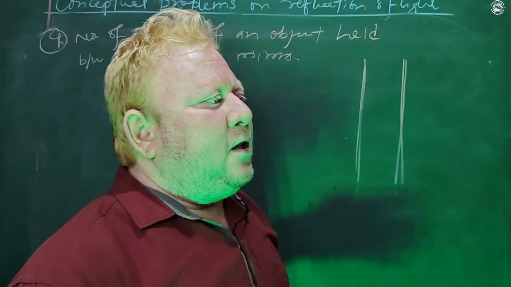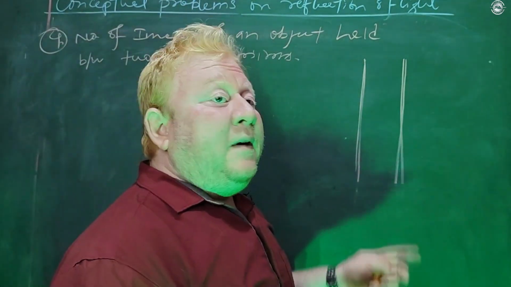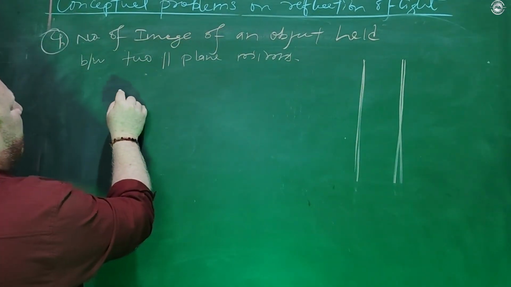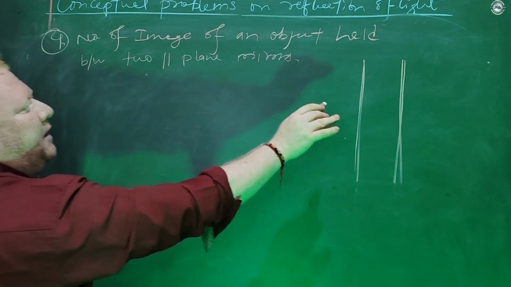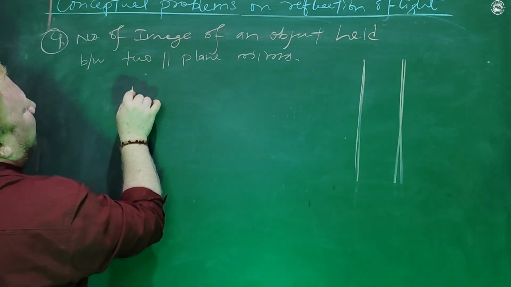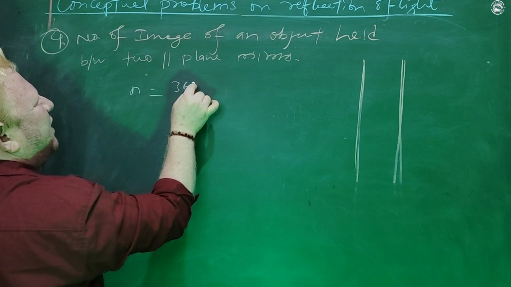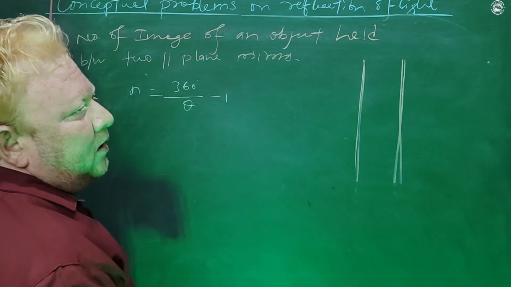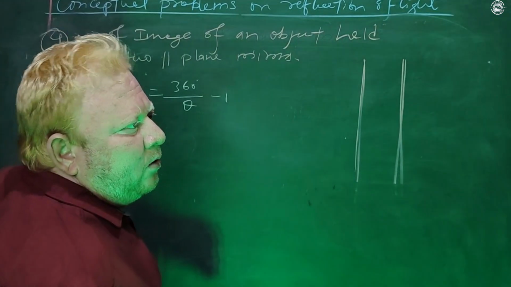The number of images formed depends upon theta, and the final number of images will be 360 by theta minus 1. Okay, 360 by theta minus 1.